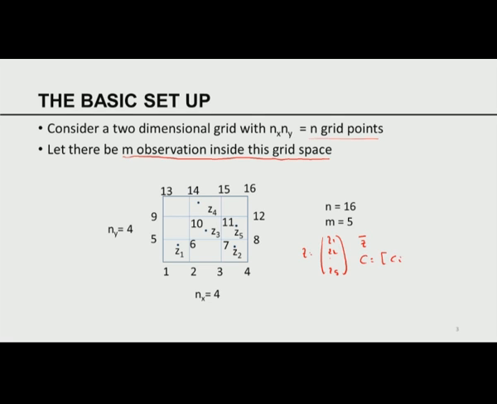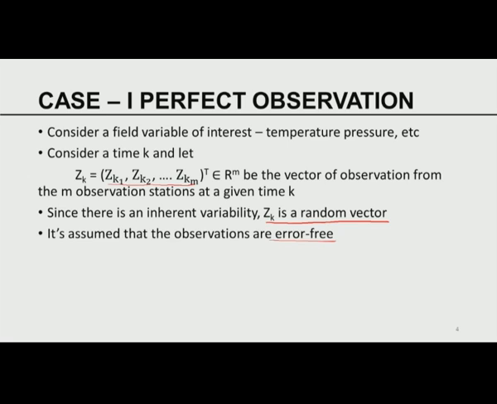The covariance matrix C will consist of Cij. I runs from 1 to 5, J runs from 1 to 5. What is the meaning of Cij? Cij is the correlation between the scalar variable at location i and location j. It is assumed that this correlation is known.